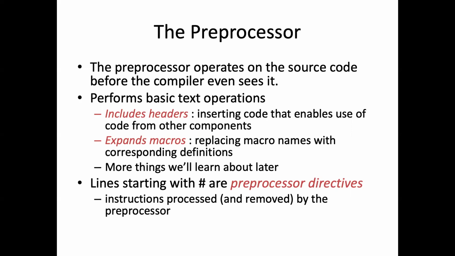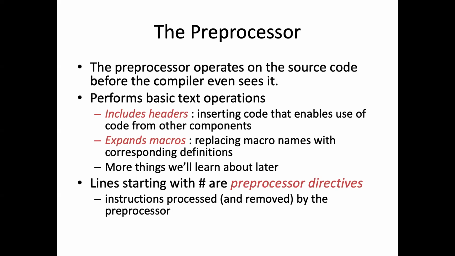Java doesn't have a step like this, but in C, it's an early step of compilation, and we can do some awfully neat tricks with that. We've seen one example of those. #include for a header is a message to this preprocessor. It kind of says, go get what's in this header file before you look at the rest of the code.